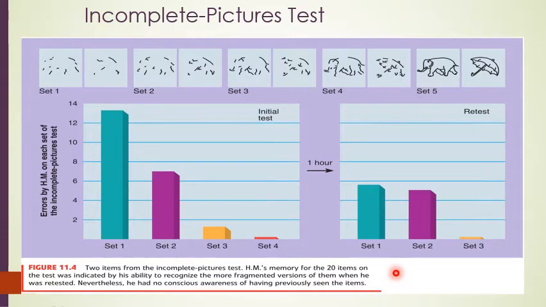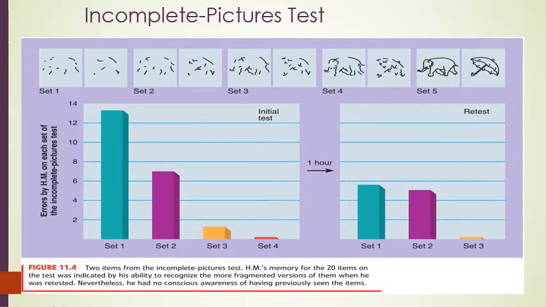So same with the previous two, right? If you ask him, have you seen this object before? No, not yet. Right? But his performance is contradictory because he improved. If he improved, then that only implies that he saw it before. But if you ask him if he had seen that object, he says no.